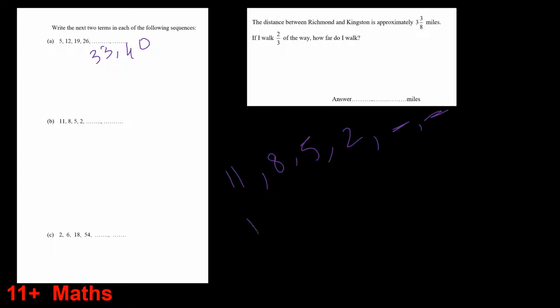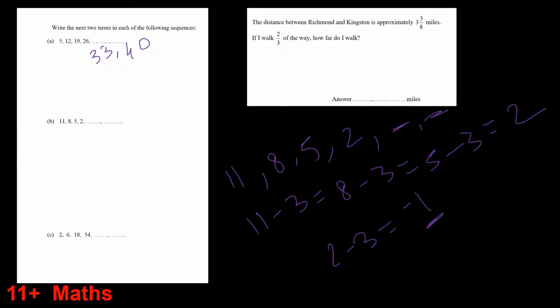So 11 minus 3 is 8, minus 3 is 5, minus 3 is 2. 2 minus 3 is minus 1. That's the first one. Minus 1, minus 3 is minus 4. That's the second one. So minus 1, minus 4 are the two numbers.